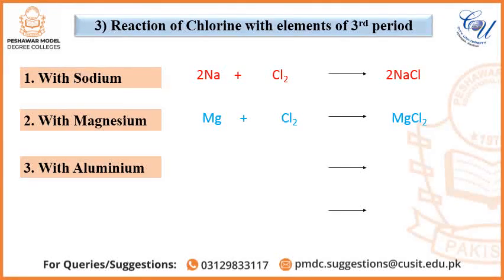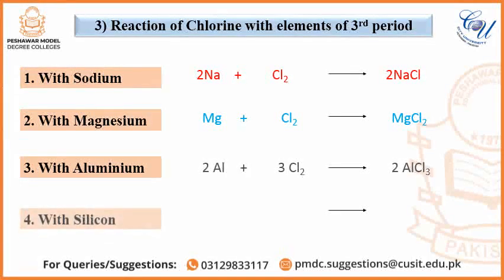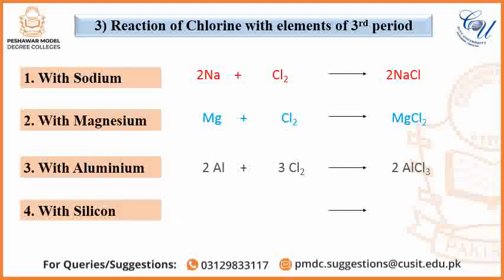And in a reaction of aluminium with chlorine, aluminium trichloride is formed. The reaction of chlorine with silicon produces silicon tetrachloride.